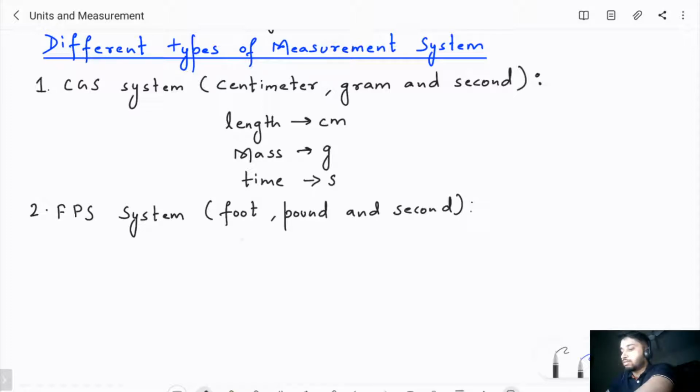In this system, length is measured in feet, mass is measured in pounds, so its representation is lbs, and time is measured in seconds.